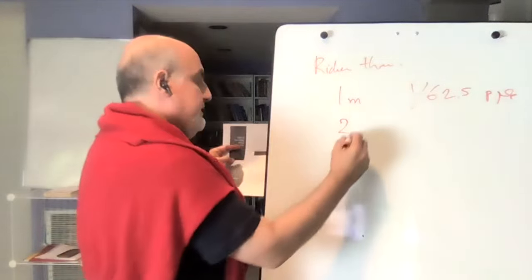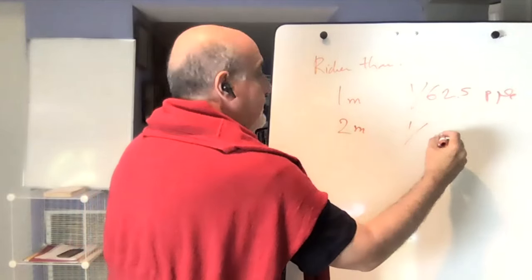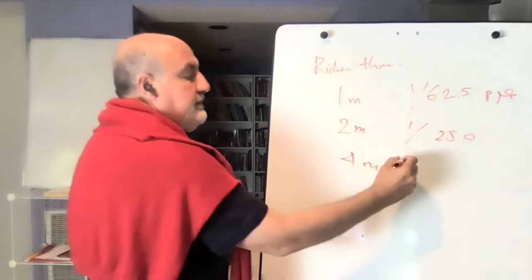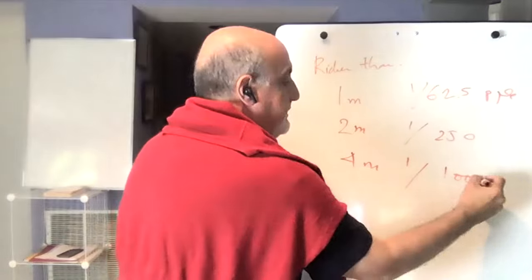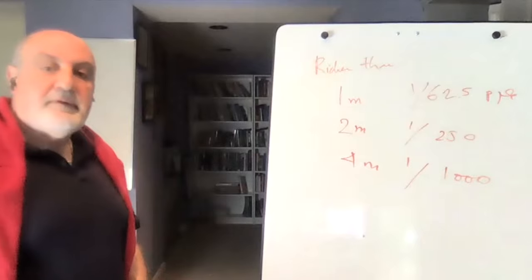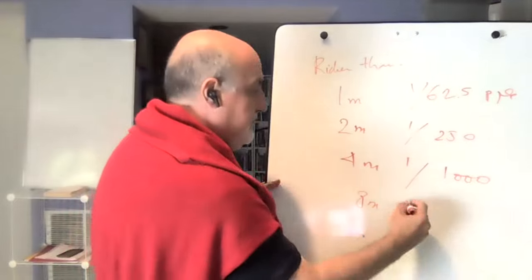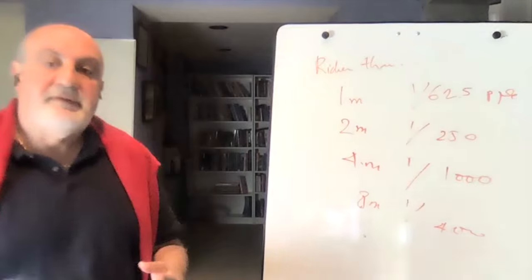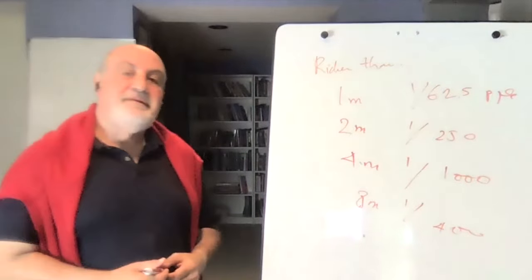Say richer than 2 million, 1 in 250. Richer than 4 million, 1 in 1,000. So you know automatically richer than 8 million is 1 in 4,000. You double that number, you multiply by 4. The answer is very simple. That's what a power law does, it makes things very easy.